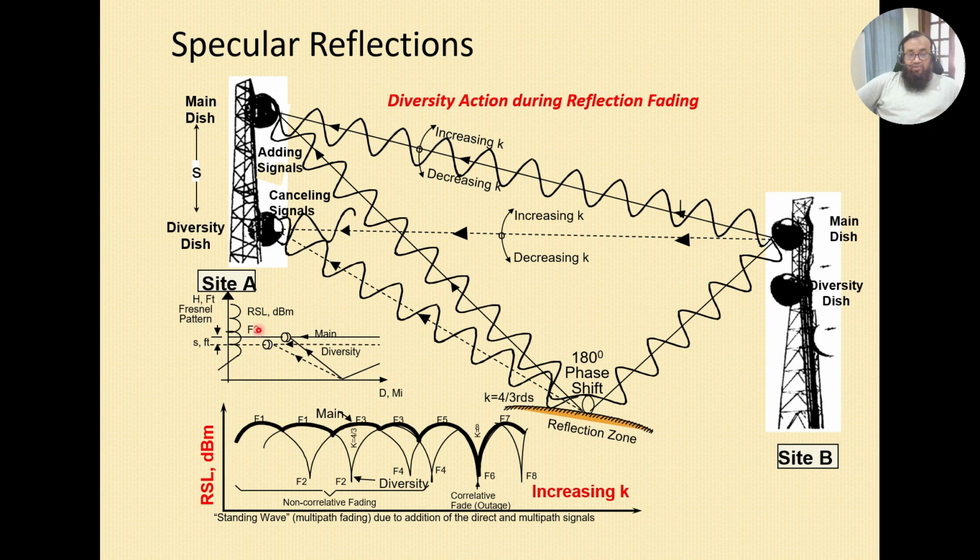We can adjust our main and diversity heights so that we get something similar to this, which has all of its values in the non-correlative fading area and almost no value in the correlative fading area.